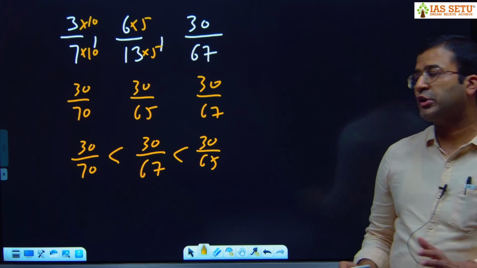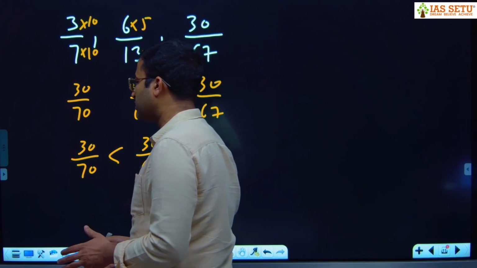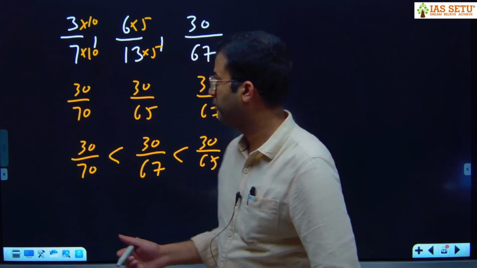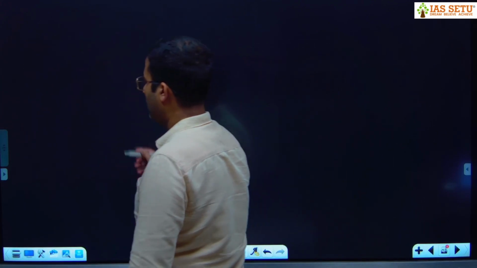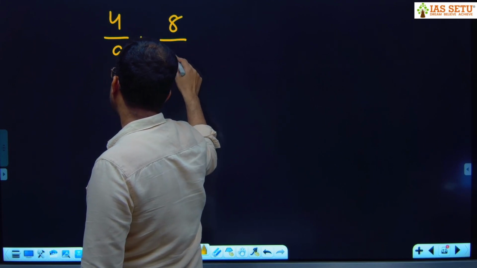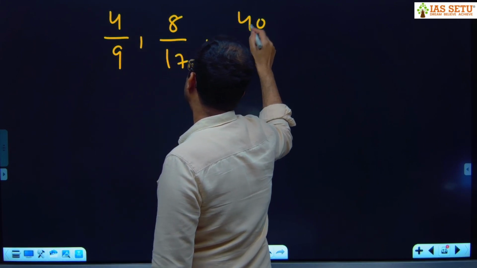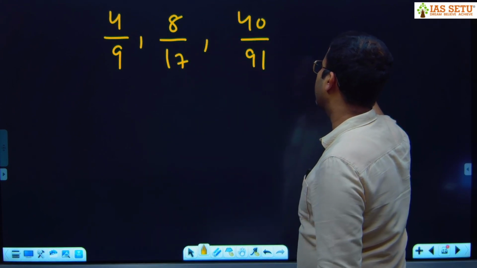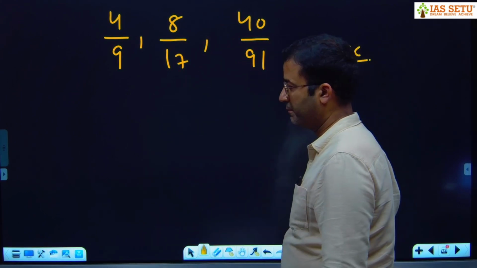Now you try one question. If your numerator is not the same, you can try to make the numerator the same. 4 by 9, 8 upon 17, 40 upon 91. Take time and arrange this in ascending order. Try this question.